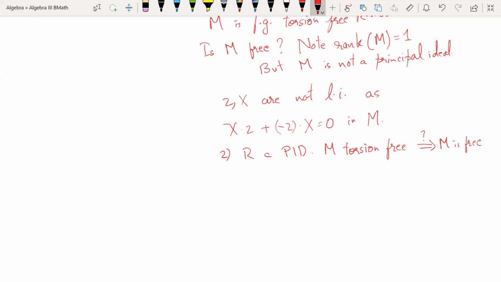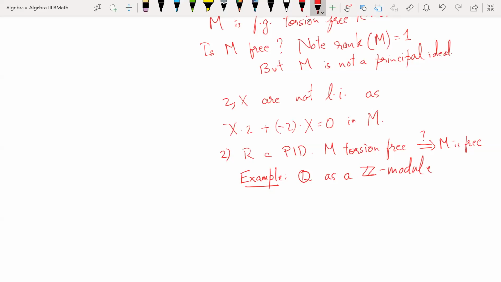No, sir. Over here it would fail, because free, as we have seen, requires a basis. Take Q as a module over Z. We already saw that, or you can just check that Q is not a finitely generated Z module.